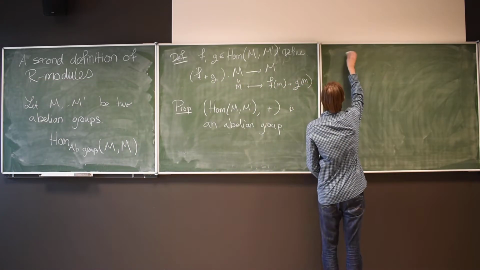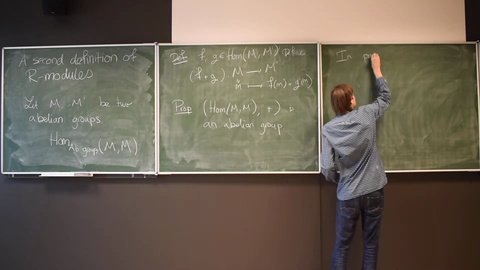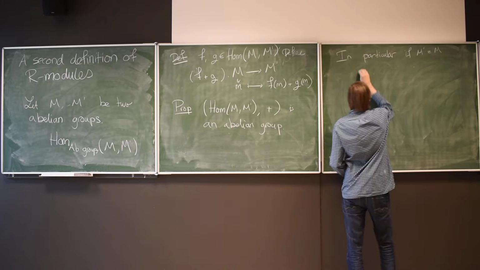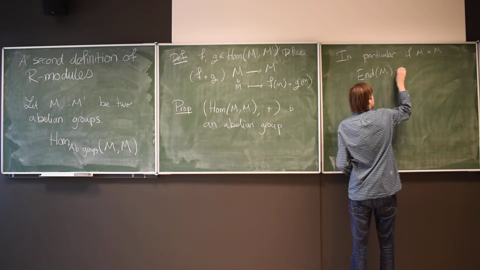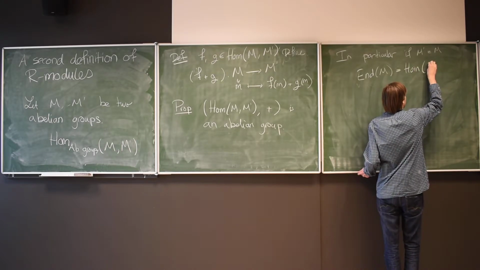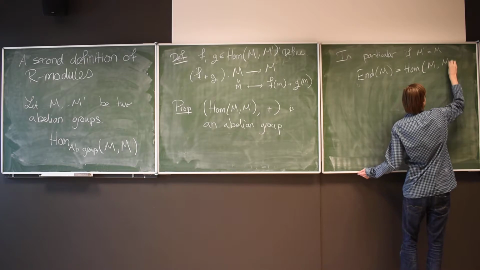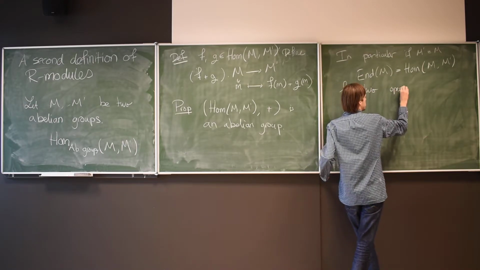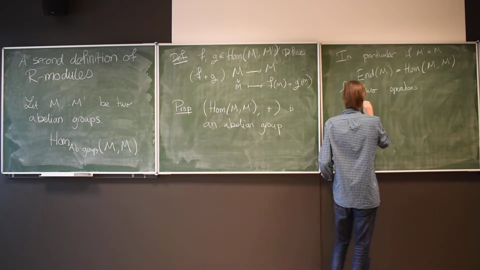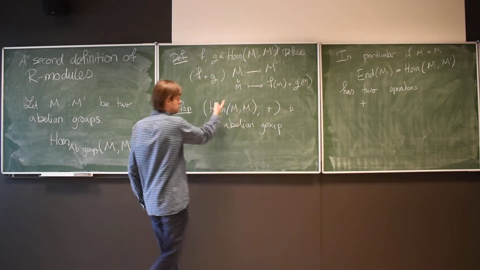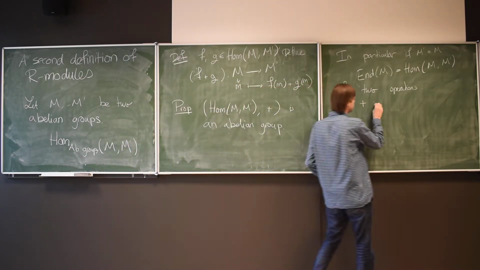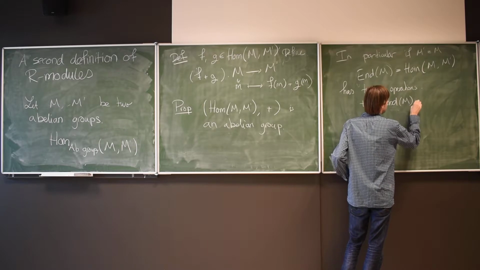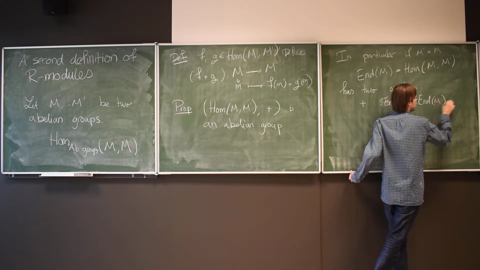So in particular, if I take M prime to be M, then the endomorphisms of M, that's just the Hom from M to M prime, has two operations, namely the plus, just by specializing this blackboard here to the case where M prime is M, and the composition.